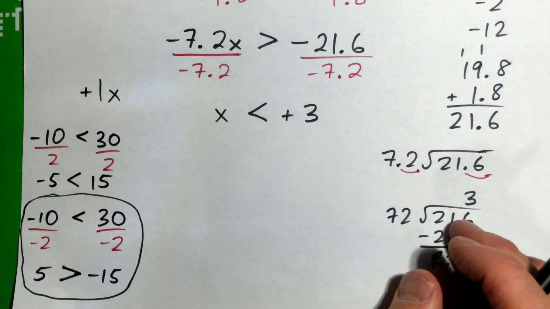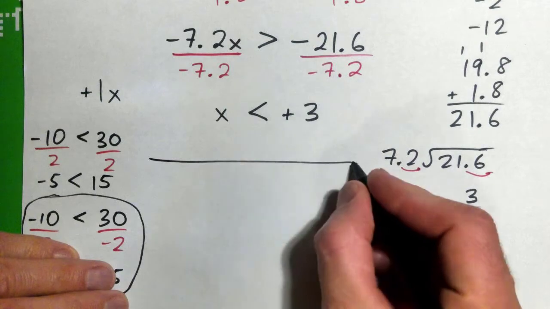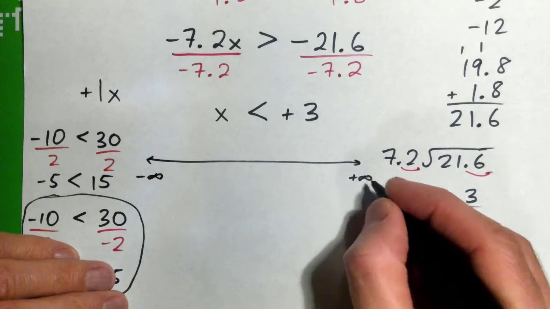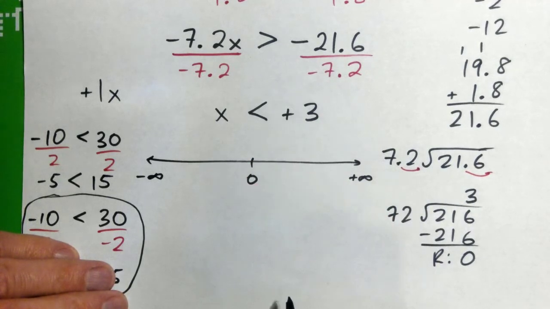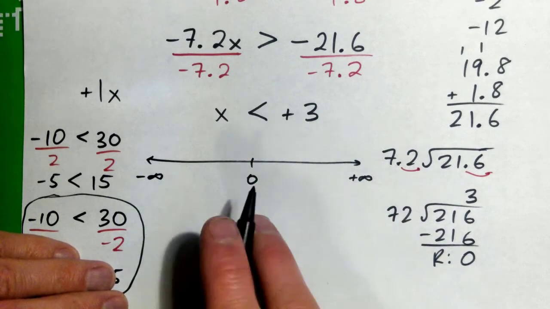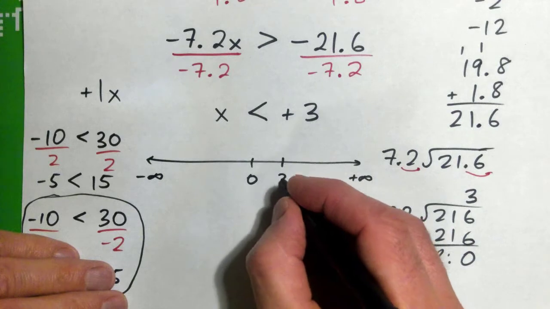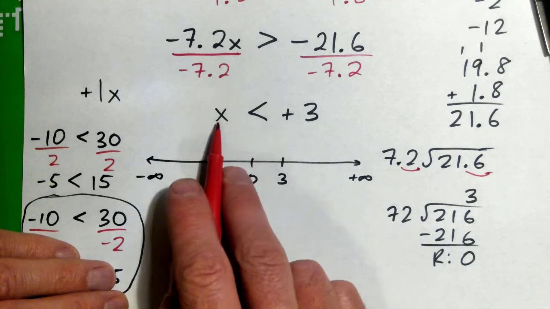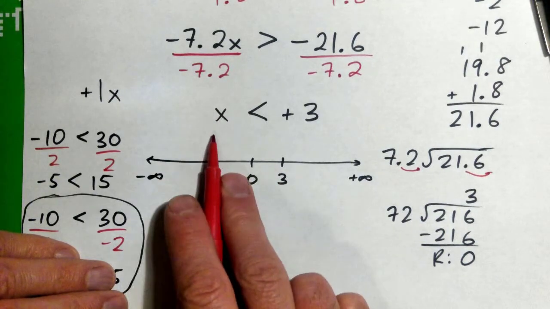We're going to stick that on a number line. Just draw a number line going from negative to positive infinity, and they have 0 in the middle. So let's do that much. So where's 3? It's over here somewhere, right? There's 3, right? Now, x represents all numbers less than 3.